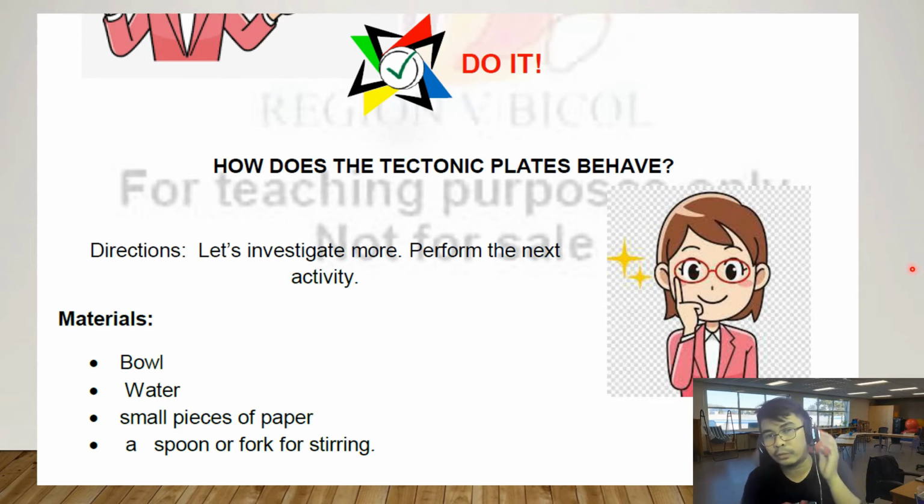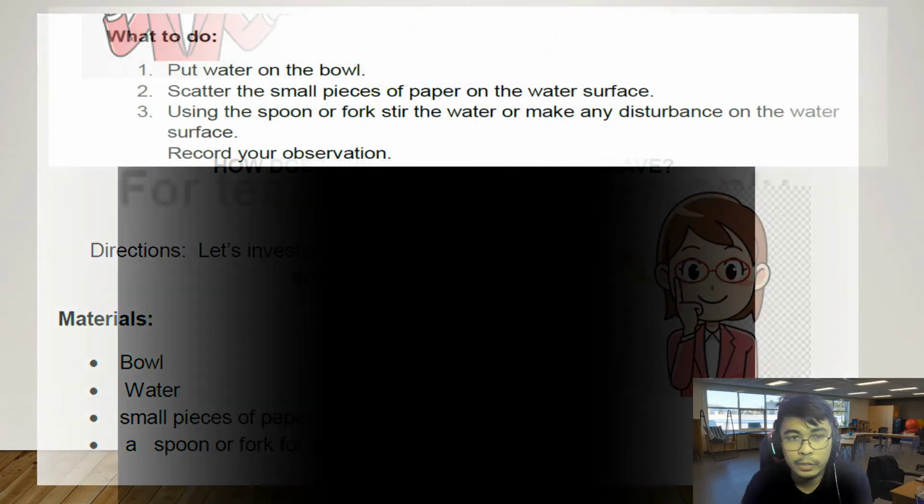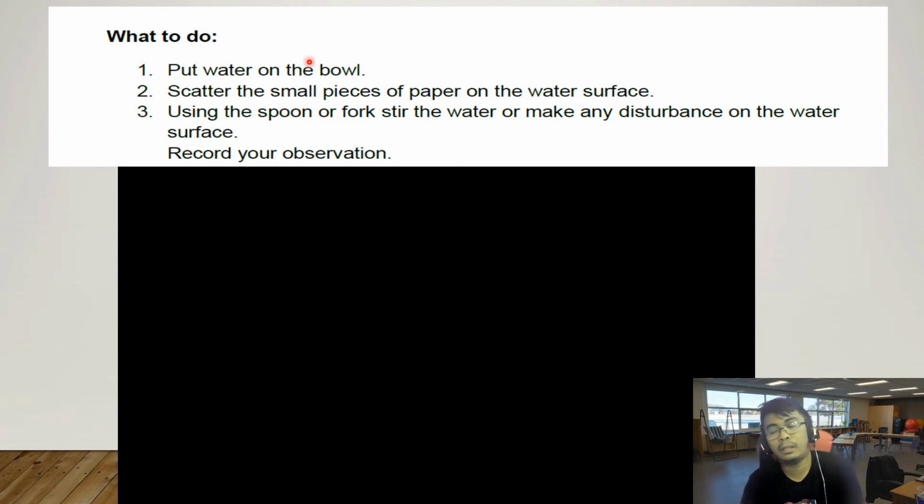And of course, after you gather materials, you will conduct the simple experiment, and after which you will record your observation. Typically, these are the procedures. You need to put water in the bowl, scatter the pieces of paper on the water surface, and then use the spoon or fork to stir the water to make a disturbance on the water surface. And after that, you will record your observation.